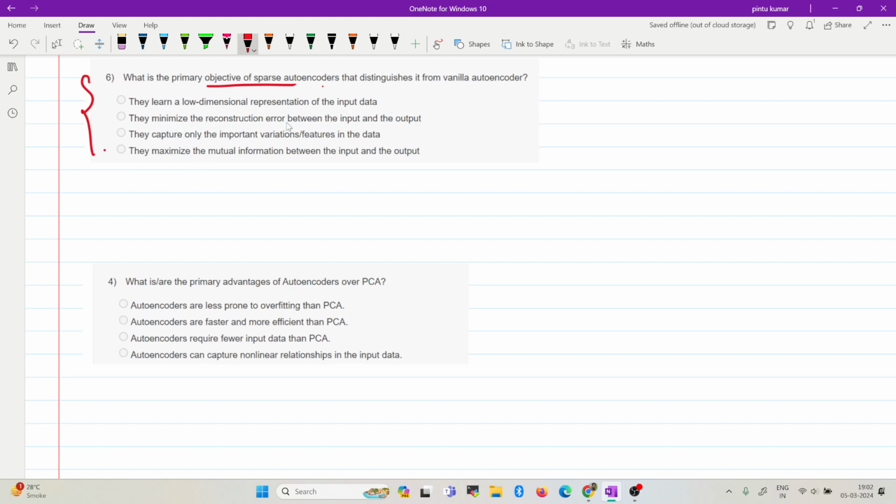They minimize the reconstruction error between the input and output. So C is correct because they will go only for the important features. Variation might not be a very useful term over here, but they will only go for important features. They will fire only for some important features.